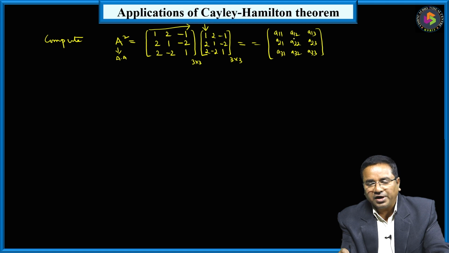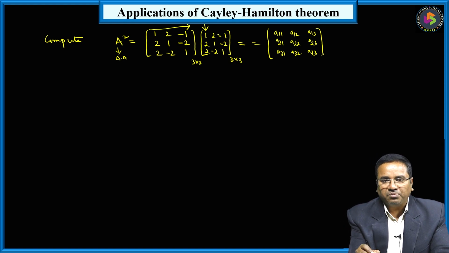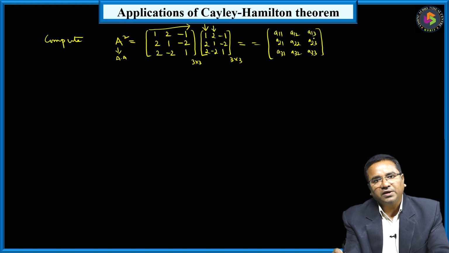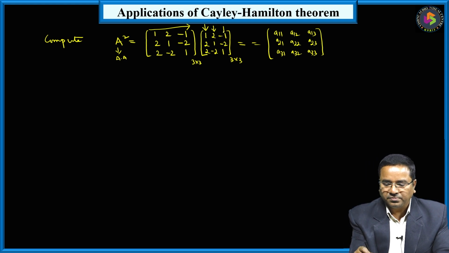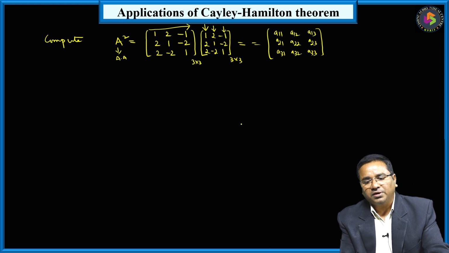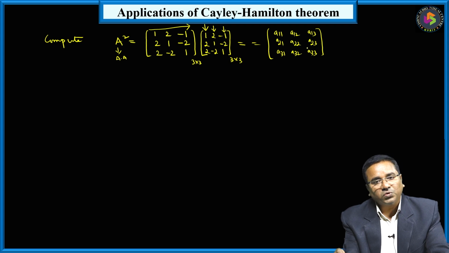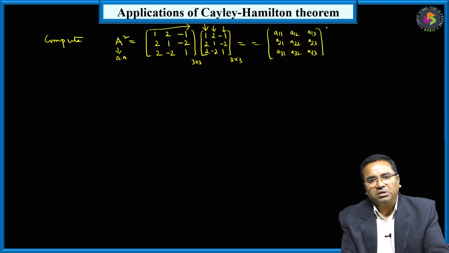In A12, the first number represents the row and the second represents the column. So first row multiplied with second column will get A12. Similarly, the first row multiplied with third column will get A13. Similarly, A21, second row multiplied with first column. A22, second row multiplied with second column. A23, second row multiplied with third column.